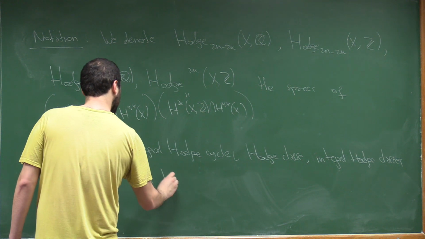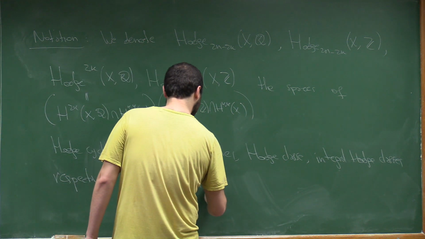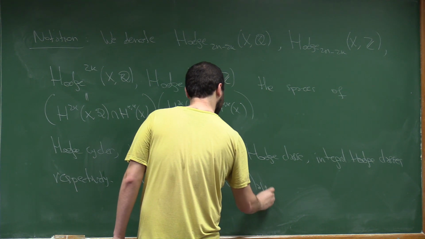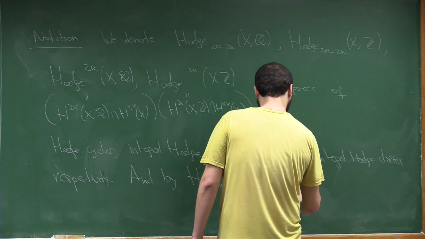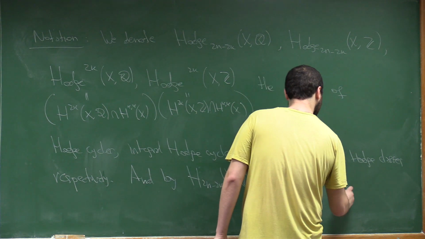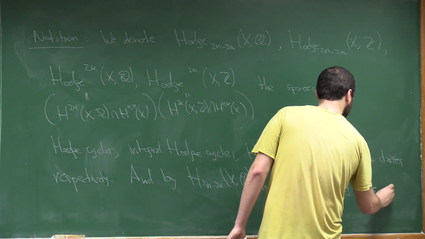And by H_{2n-2k}(X,Q)_alg and H_{2n-2k}(X,Z)_alg, we denote the spaces of algebraic cycles.